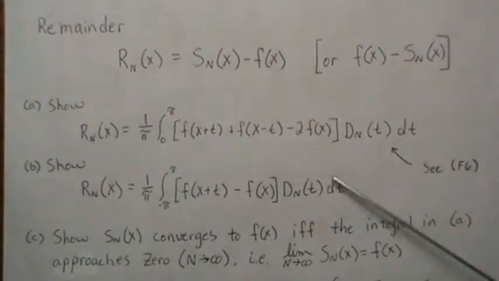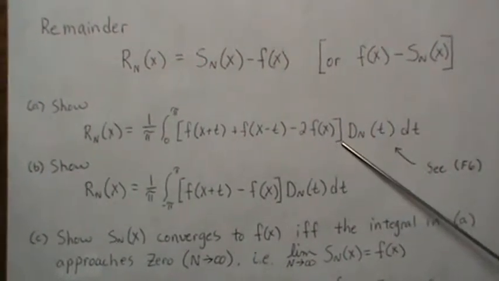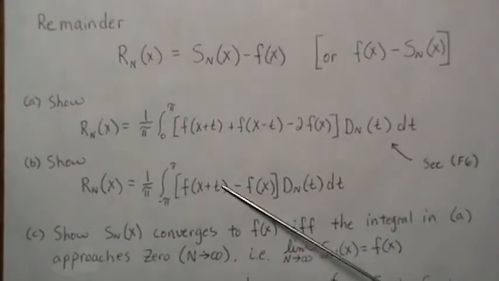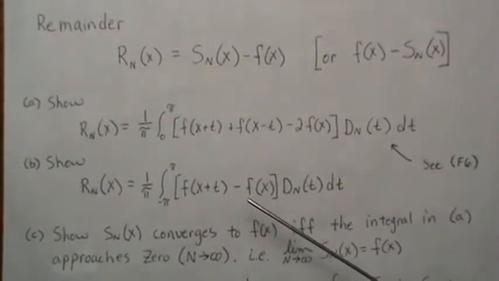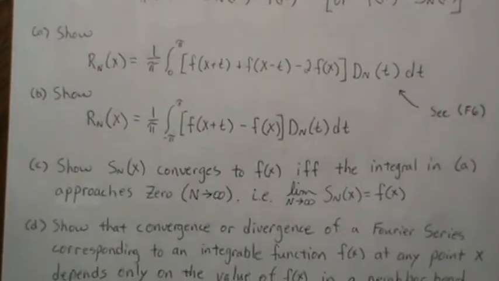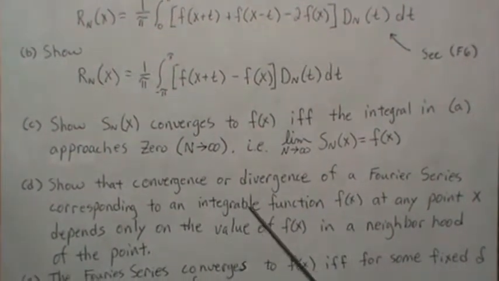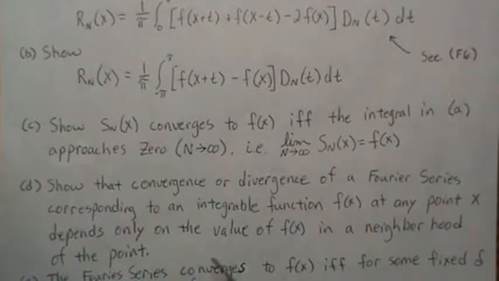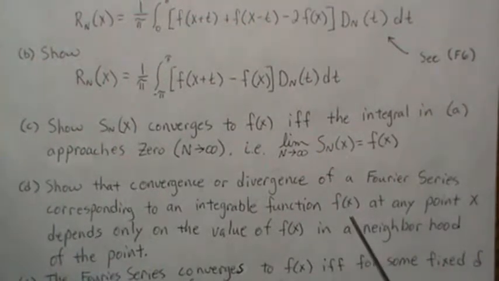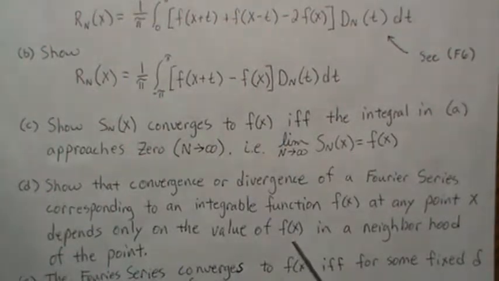So then we're going to find 3 more properties that talk about these residuals, and if these properties happen, then the residual goes to 0 and the Fourier series converges. And then one of those properties is this. We're going to show that the convergence or divergence of the Fourier series corresponding to an integrable function f of x at any point x depends only on the value of f of x in a neighborhood of the point.